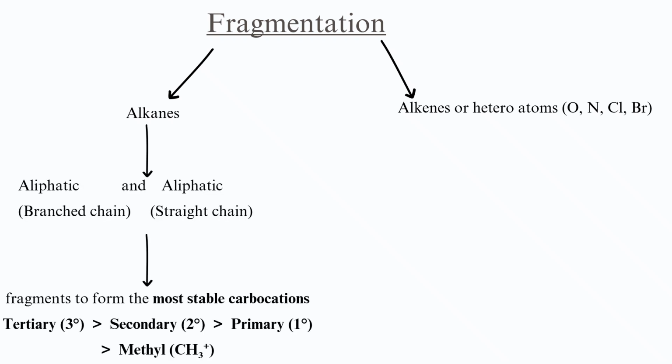In case of alkanes, we may have aliphatic, that means completely straight chain, and branched chain. If they are purely alkanes, with no double bond, triple bond or any heteroatom, then you follow this method. And while carrying out the fragmentation, the most important thing that you will remember is the stability of the carbocation. Based on the stability of the carbocation, you are going to carry out the fragmentation.